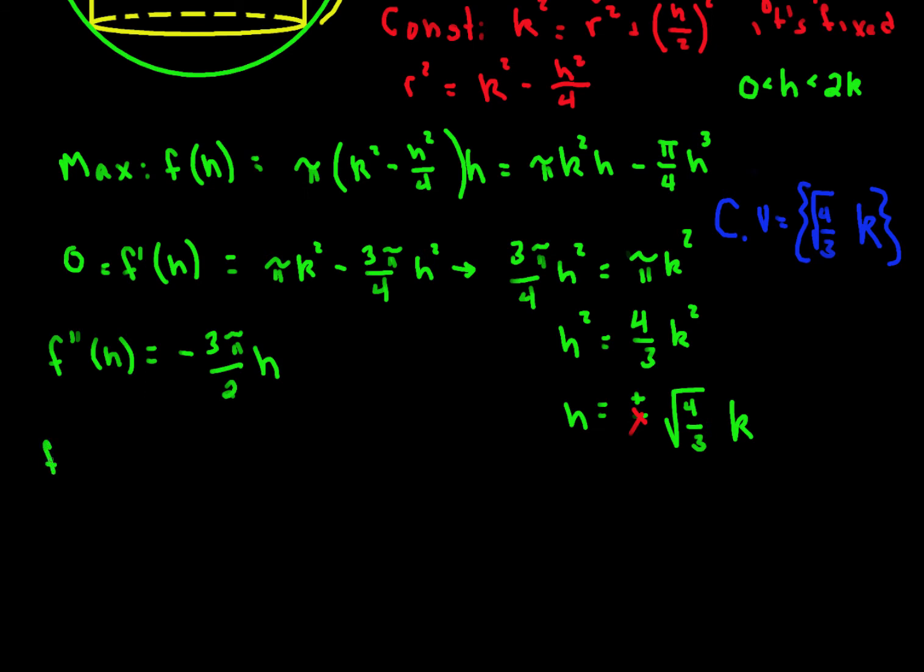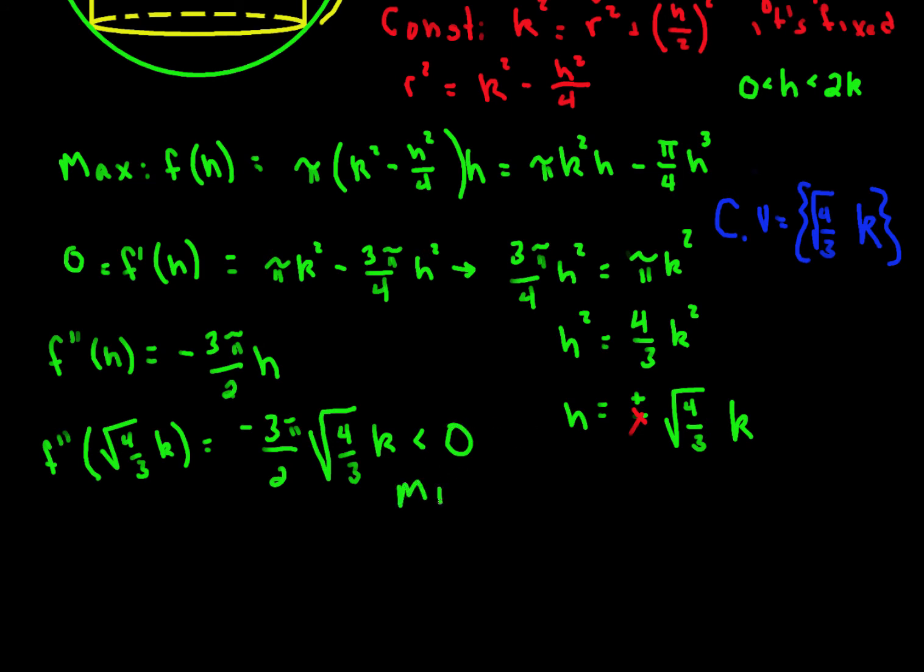So f double prime of root 4/3 k is equal to negative 3 pi over 2 times the square root of 4/3 times k. And since k is positive, this whole thing is negative. And if it's negative, this means that we have a max, because by the second derivative test, we've got negative, therefore we have a max.